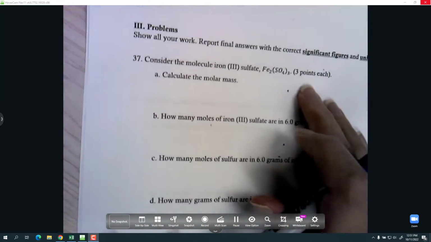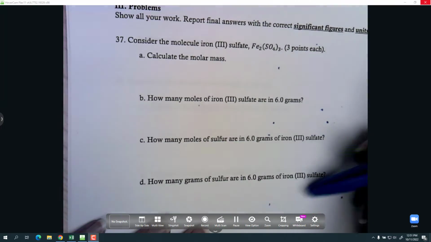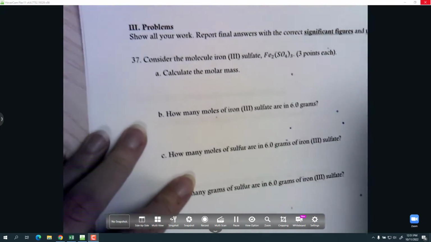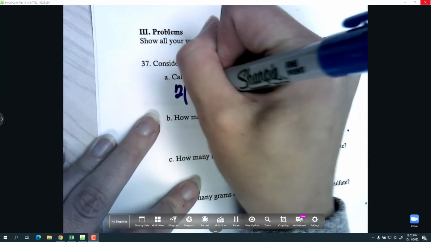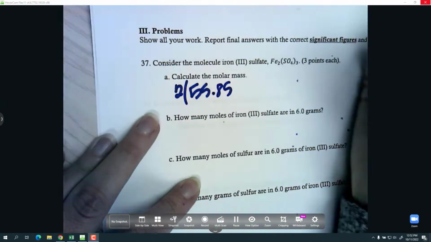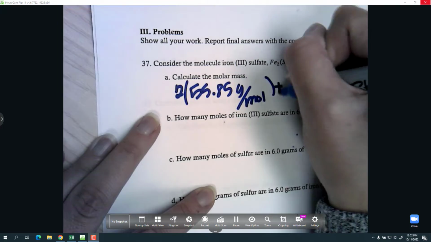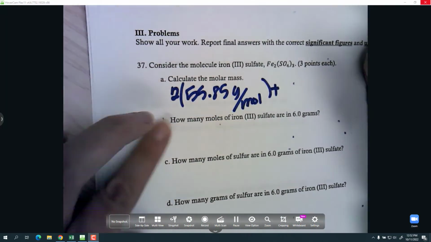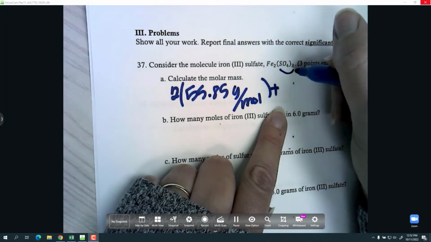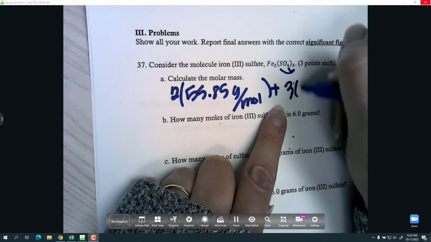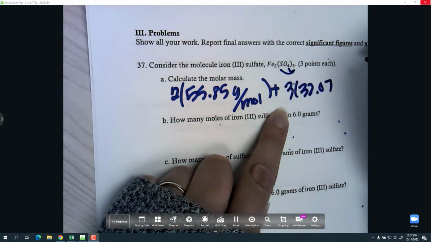All right, now we're to the fun ones, the problems. First up, molar mass. I just want to figure out the mass of each element. Iron is 55.85, and how many I have of it. So 2 times 55.85. Remember, this gets distributed, so 3 times 32.07.